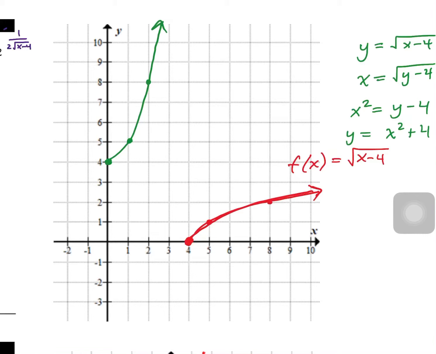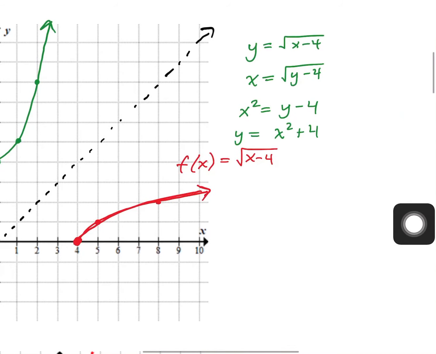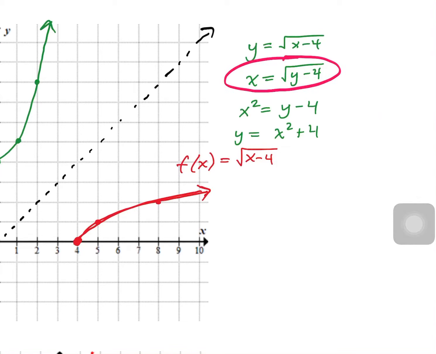Now hopefully you can see that if I graph the line y equals x, the green graph is just a reflection of the red graph over this black line that I'm drawing. So I've just taken the red graph and, like a mirror, flipped it over to here. Now notice that since x is the square root of y minus 4, x has to be greater than 0, because there's no way you can get a negative answer when you take the square root of some number.